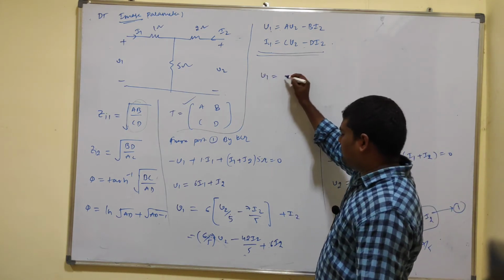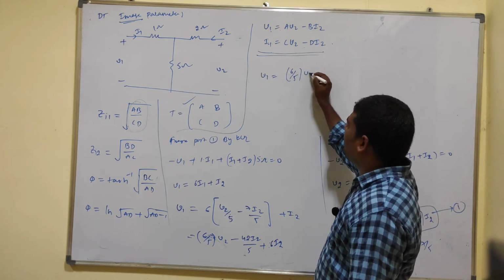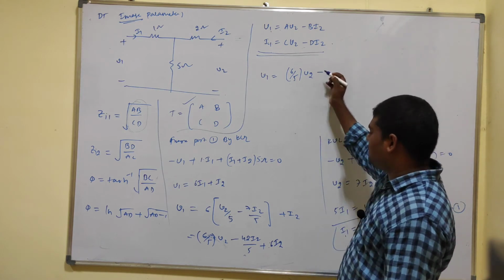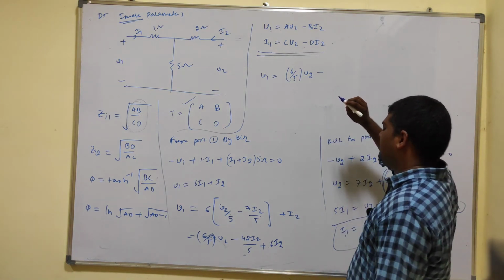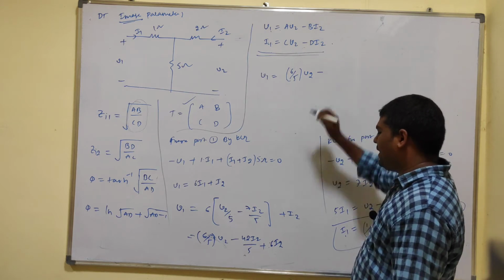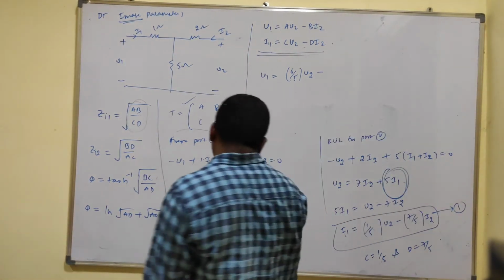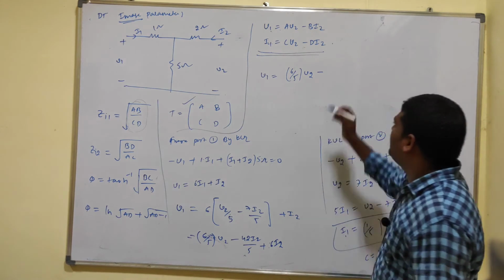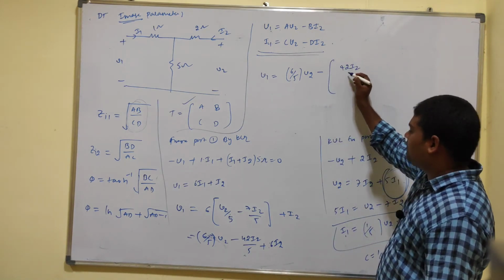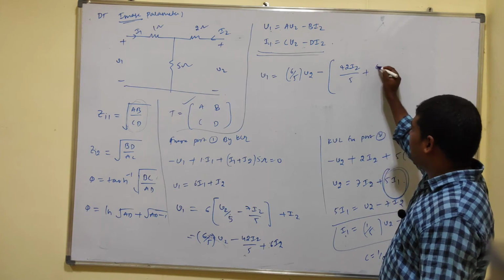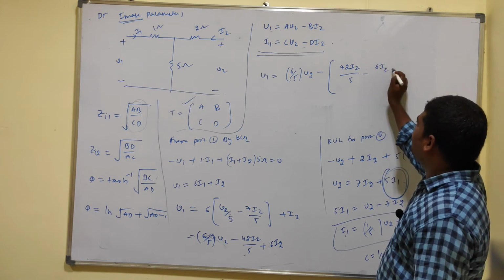Now V1 equals 6 by 5 V2 minus, taking minus common, 42 I2 by 5 minus 6I2.